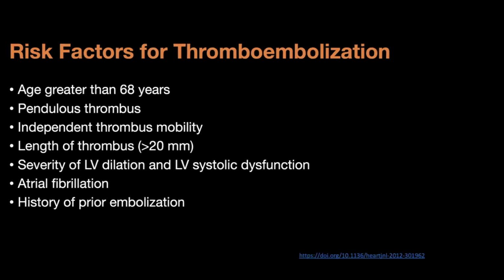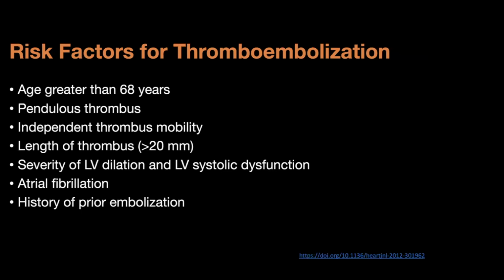The important thing to know from an echo perspective are the risk factors for thromboembolization that we think of. Most of this information comes from old studies before thrombolytics, because a lot of patients had thrombus, and they monitored these patients with serial echoes and clinical studies, and tried to determine who was at risk of having a stroke, essentially, or some kind of thromboembolic event.